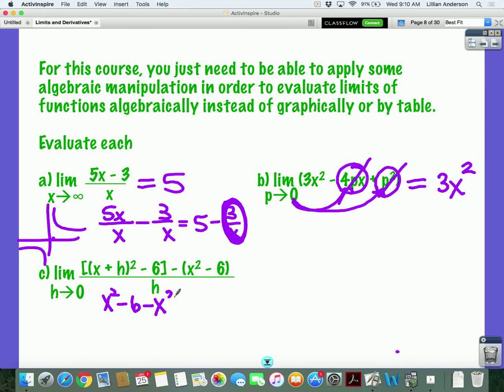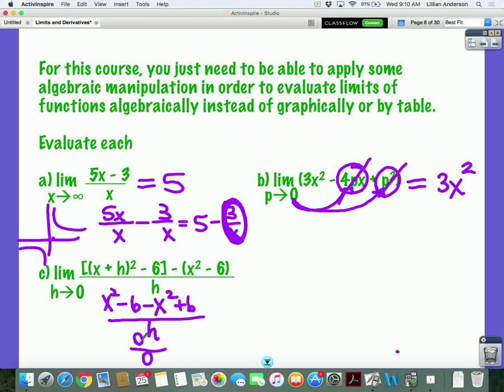So that's going to be a minus x squared plus 6 all over h. What's 0? h is 0. What does the top turn into? 0 as well.